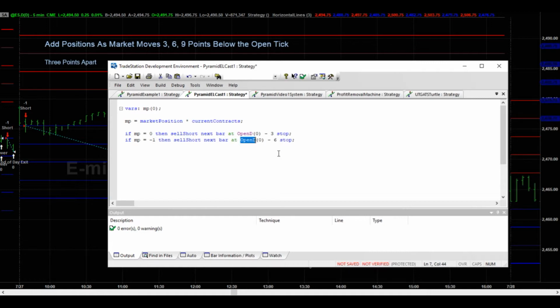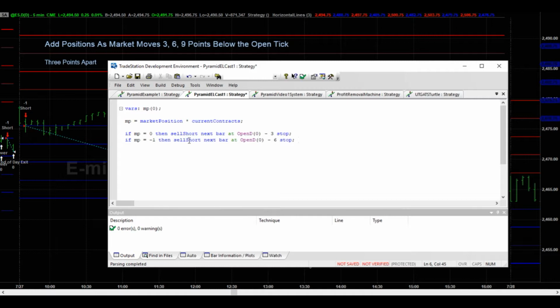So in addition to OpenD, we also have high D, low D, and close D. Now, if we wanted to look at the open of the prior day, of yesterday, all you would have to do is put a 1 in there. And what this does, it says, okay, what is the opening price of this intraday chart yesterday? So it's very simple and very usable. So let's go ahead and just put it back to 0 because we're not concerned with yesterday, we're concerned with today.